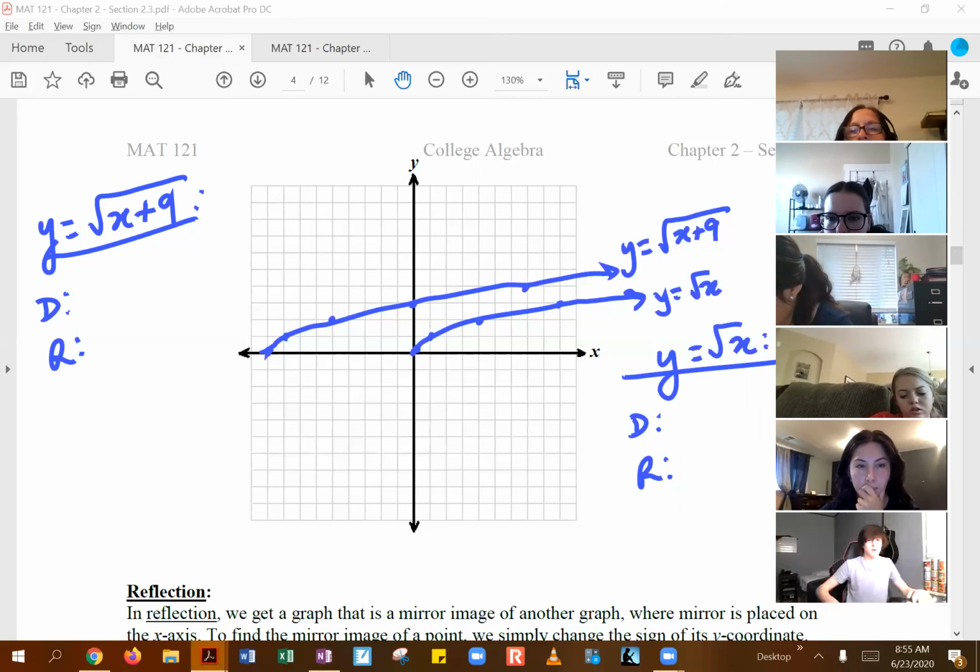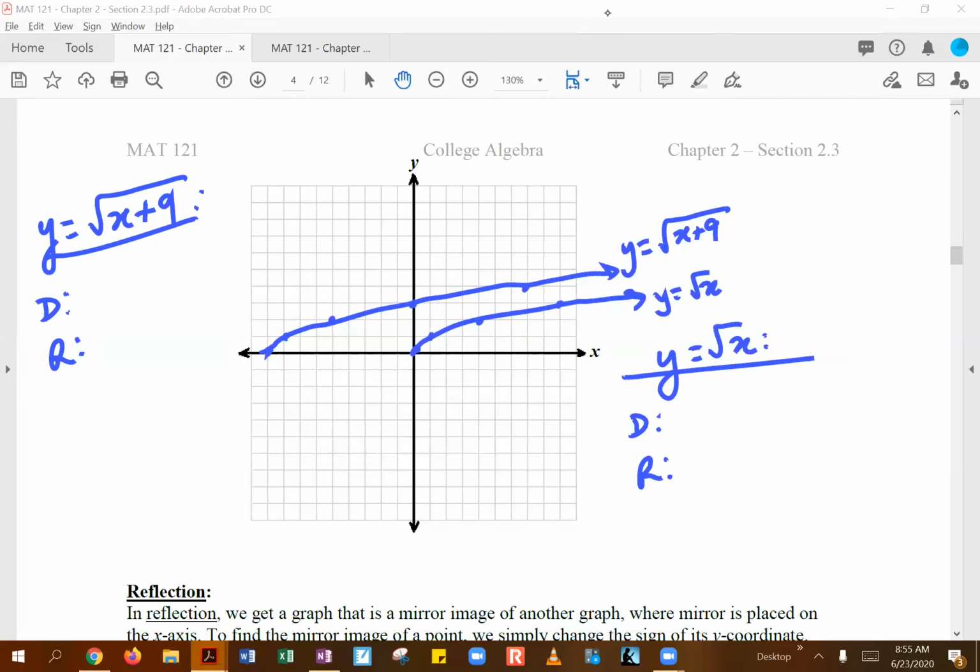Okay, you are saying domain is going from 0 to infinity, including 0, and range is negative to positive infinity.